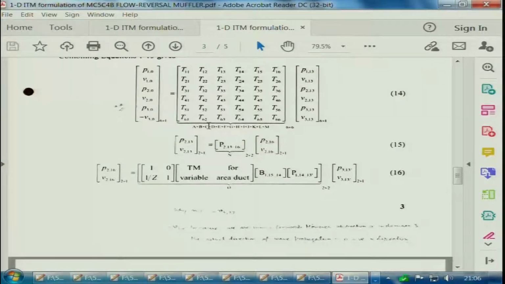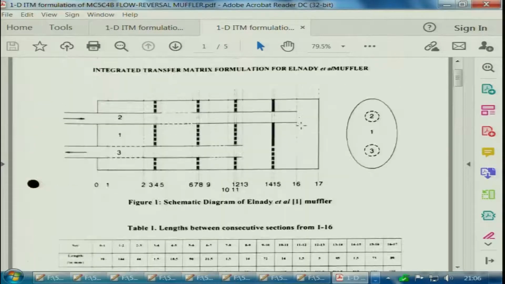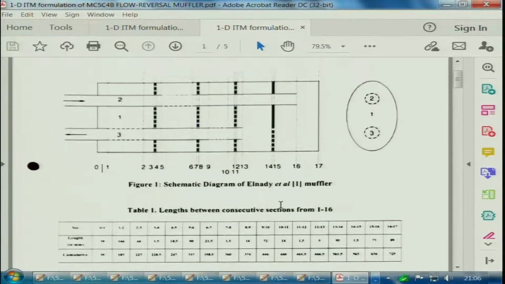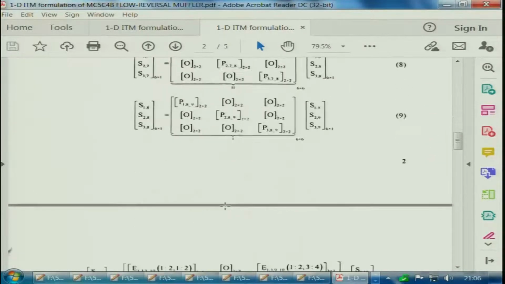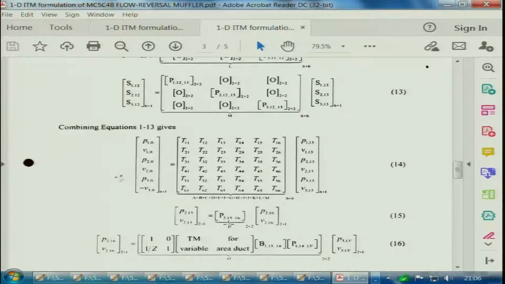So we get this, and then P2 13 and V2 13 are related to P2 16 and V2 16 by another transfer matrix that we see here. It is a 2 cross 2 matrix.